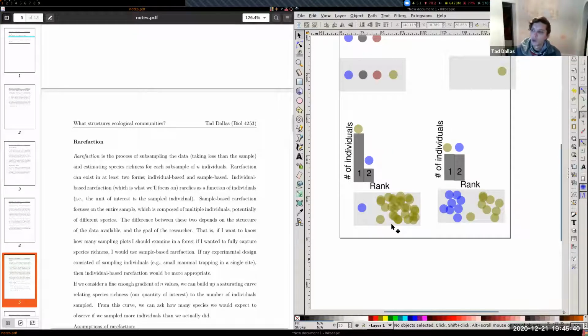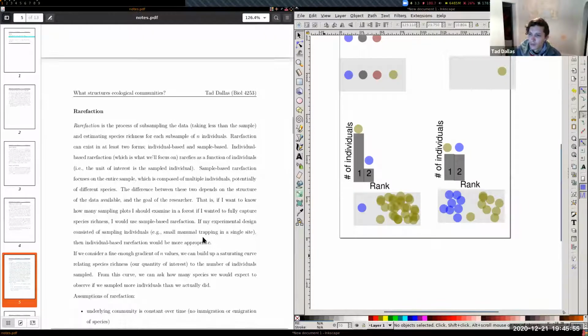Individual-based rarefaction is when you have information on individual occurrences, which is typically how the data are structured, right? So instead of subsampling the data by group or by batch, the data exists just as individuals.